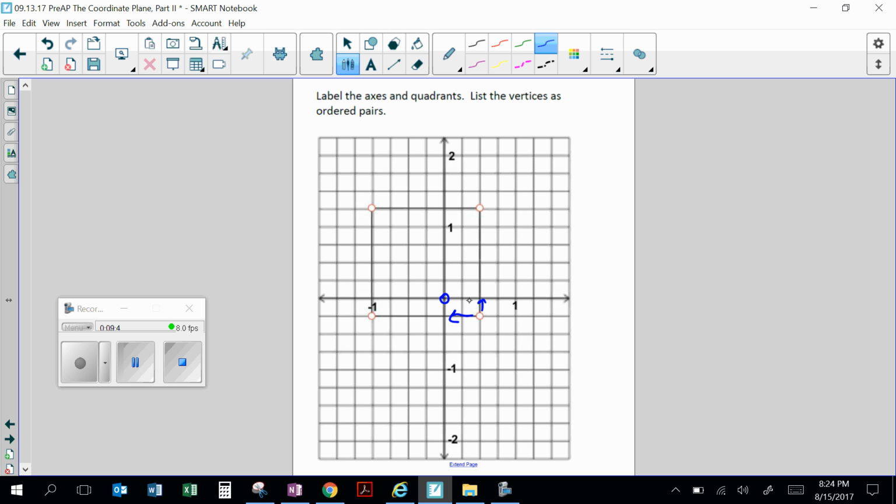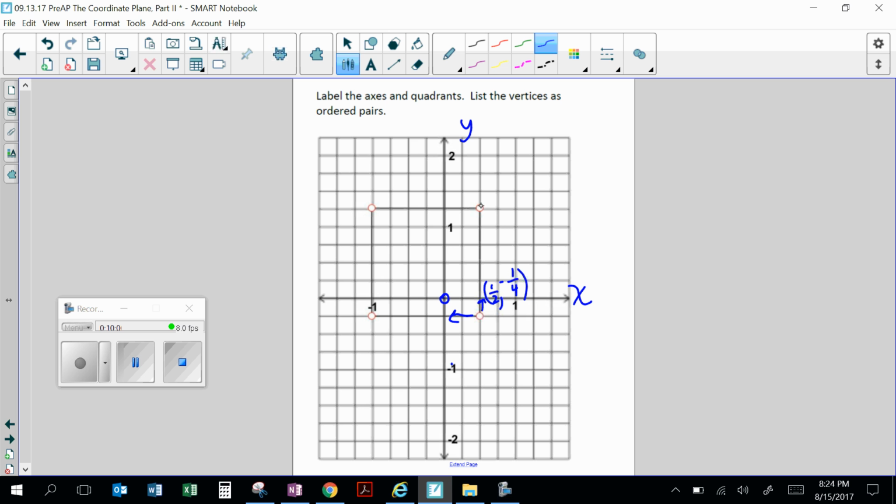Does this look like the halfway point of 0, 1? So that's 1/2, comma, and the y. So x-axis, y-axis. The x-axis is 1/2. The y-axis is divided into fourths, so it's 1/4. But is it above 0 or below 0? Below, so it's negative. So it's 1/2, comma, negative 1/4.